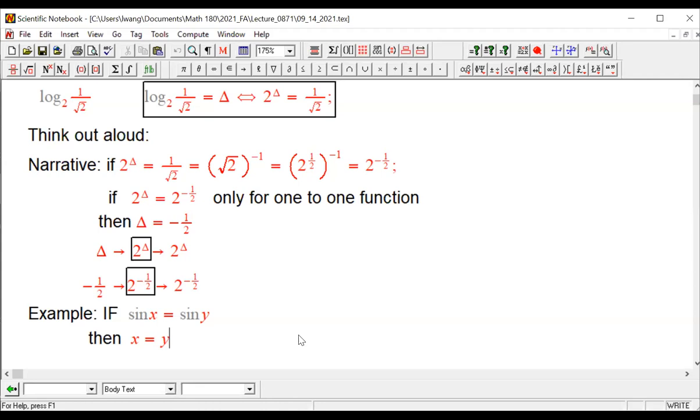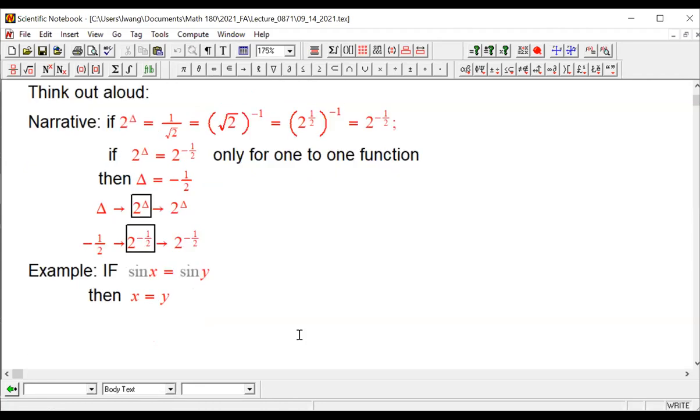Yes. Okay, we got a yes. How many of you think yes? Professor, for example, sine 30 degrees is 1/2, but sine of 390 degrees is also 1/2. Or sine of 120 degrees is 1/2 too.